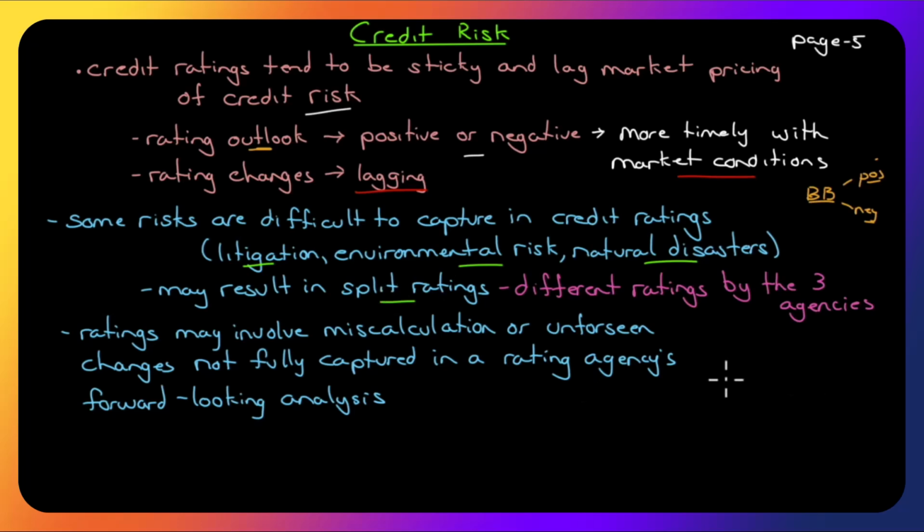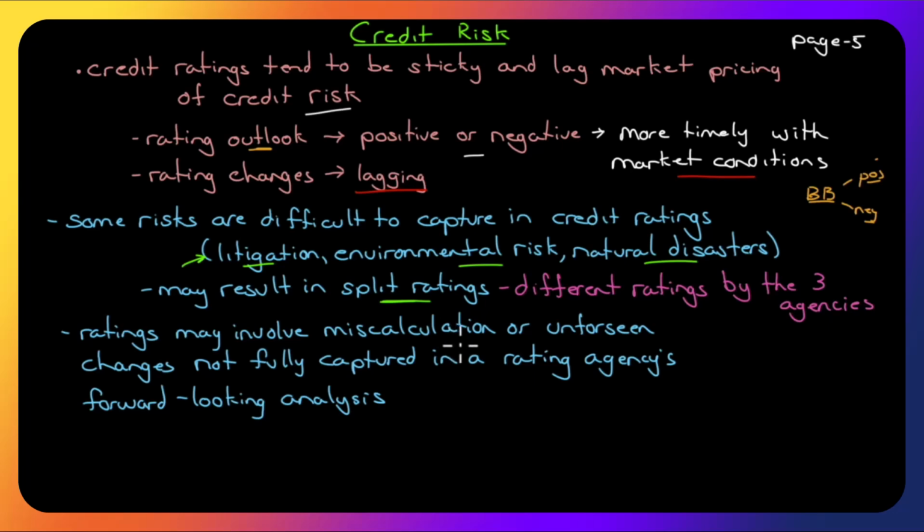Some rating agencies may place a higher probability on adverse litigation, while other rating agencies may say, no, we think it's a 50-50, and somebody may say, oh no, the company has no issue on this one. So different ratings by the three agencies, that's what split ratings are. Then it becomes difficult to assess what's going on. You have a company with three different credit ratings or an issue with three different credit ratings, and you think, well, which one is right?